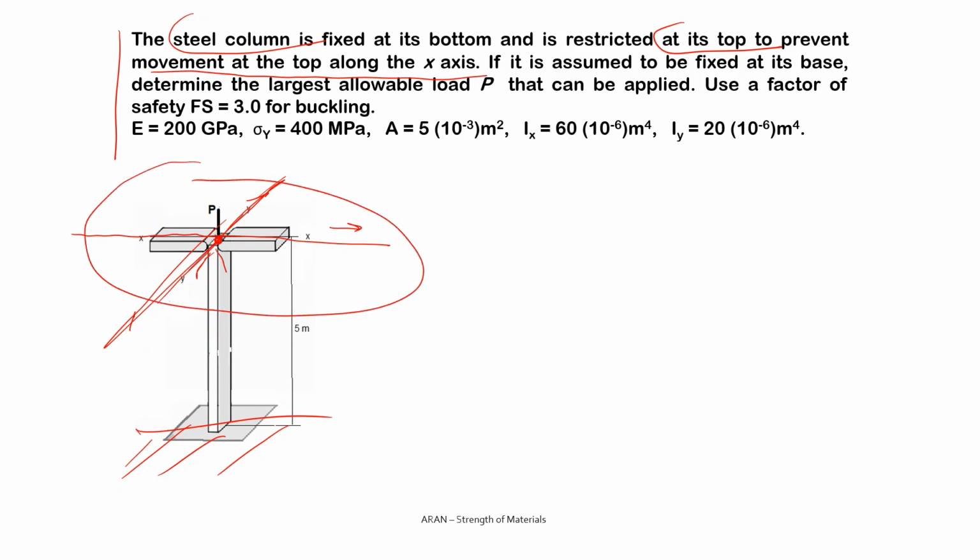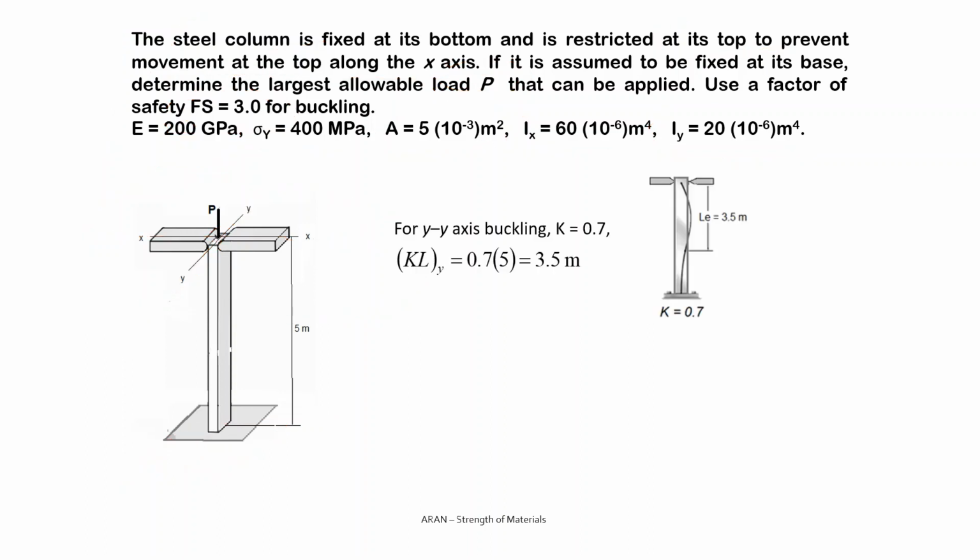What are given? The material's elastic modulus, yield strength, cross-sectional area, Ix and Iy values, and we have to calculate the allowable load P for a safety factor of 3.